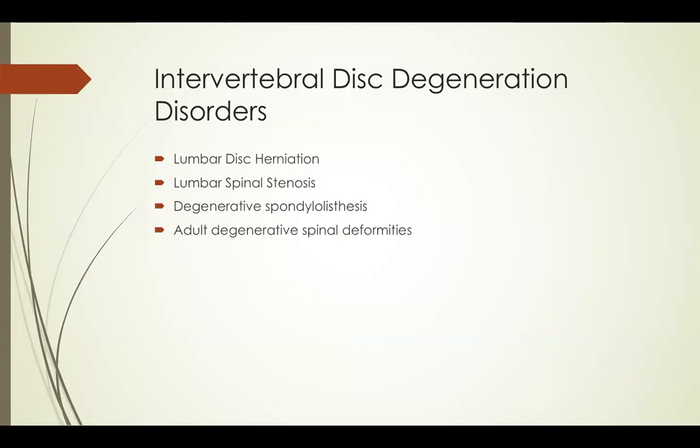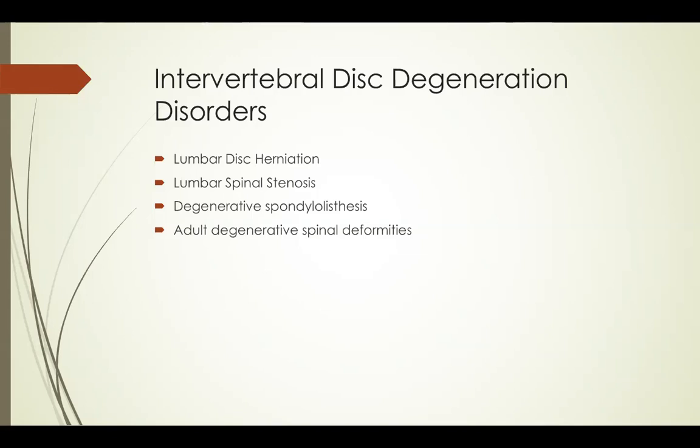Okay. All right, so I think there are 4 things you can find in lumbar disc degeneration disorders, and these are the 4 things. So most common is disc herniation, then lumbar spinal stenosis.